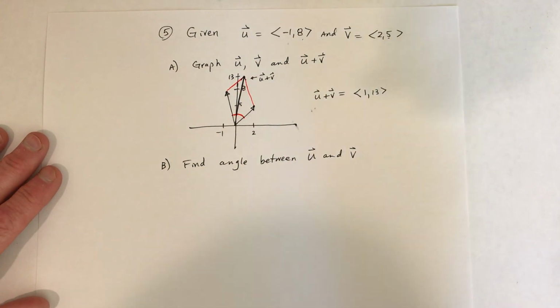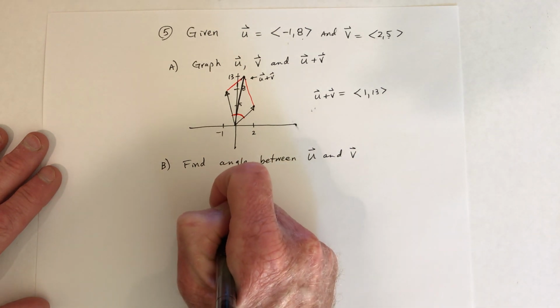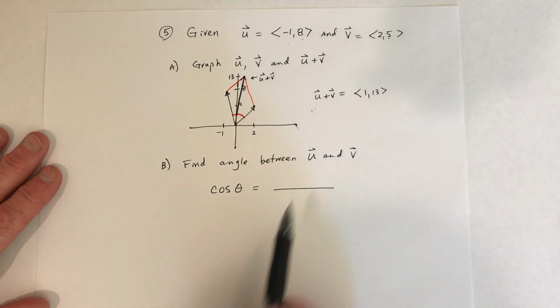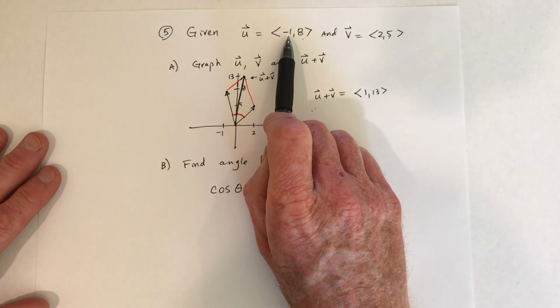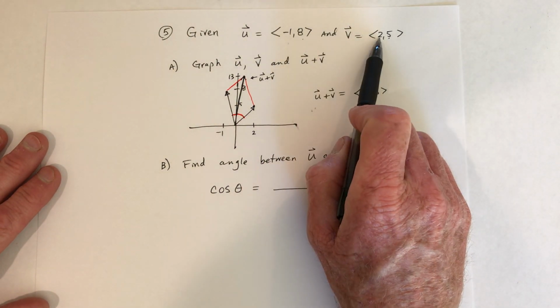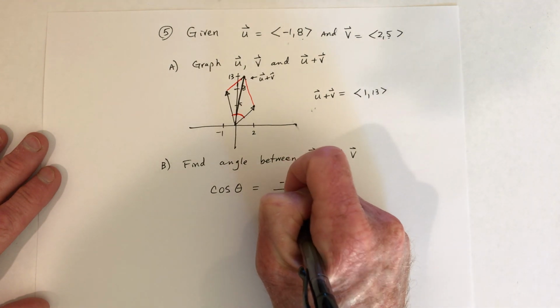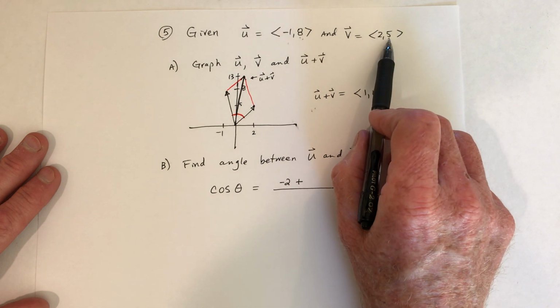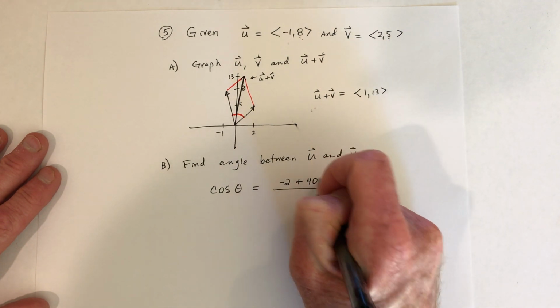And you don't have to draw anything. You could just use the formula that goes cosine of that angle is equal to, for the numerator, you do the dot product. So you multiply this by 2, so that's going to be -2, plus you multiply this with 5, so that's going to be 40.